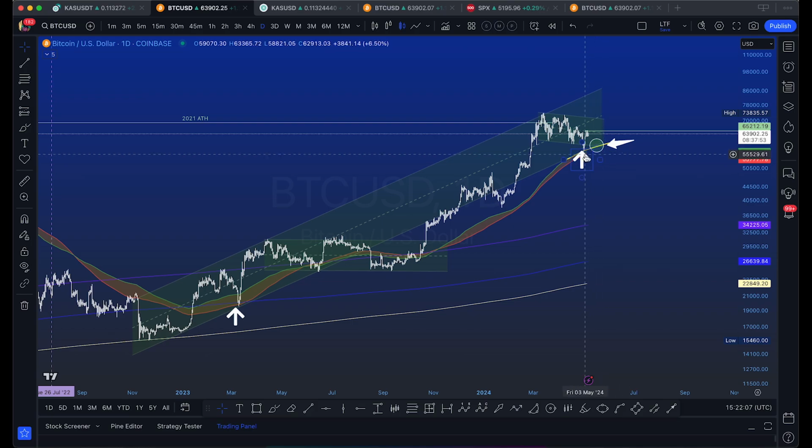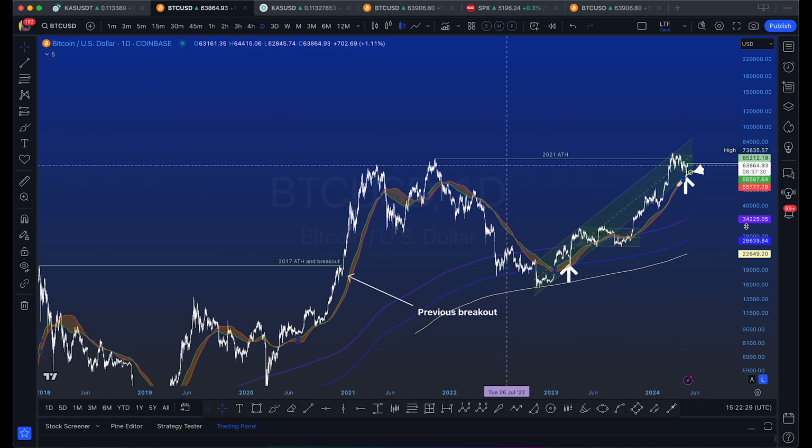It could very well come back down and maybe retest the bottom of this channel or the bull market support band before moving higher. What we don't want to see is it break below these channels. We don't want to see it break below the 20 and 21 week SMA and EMA.